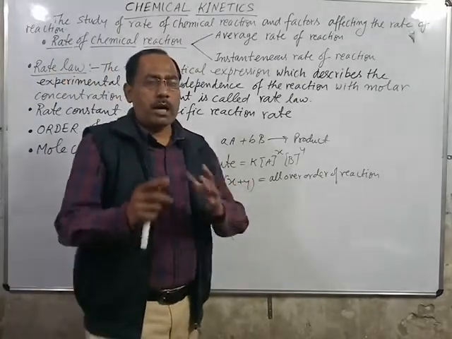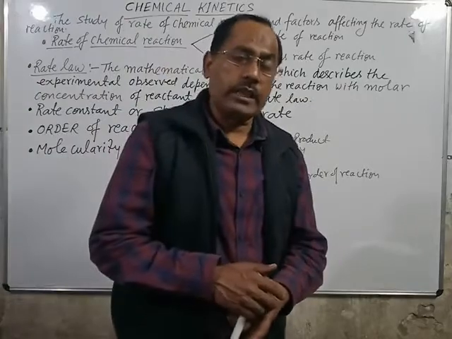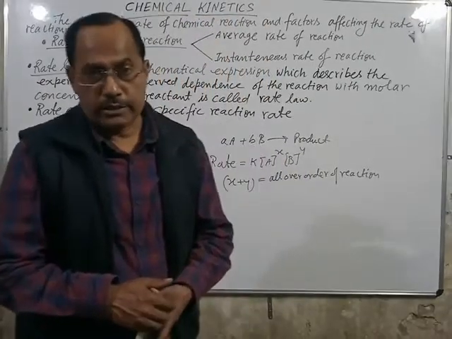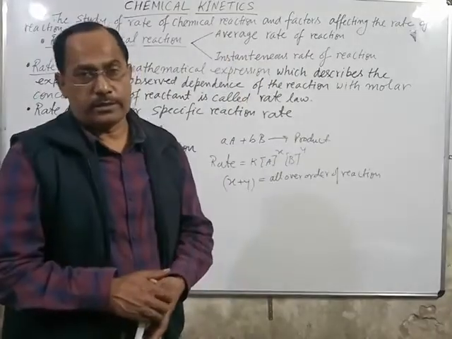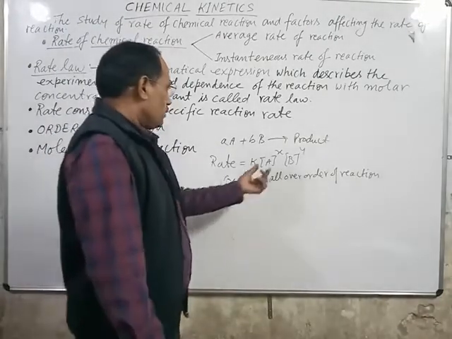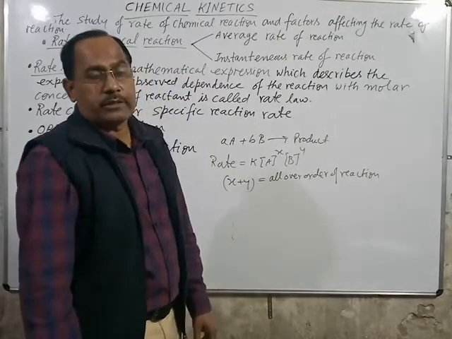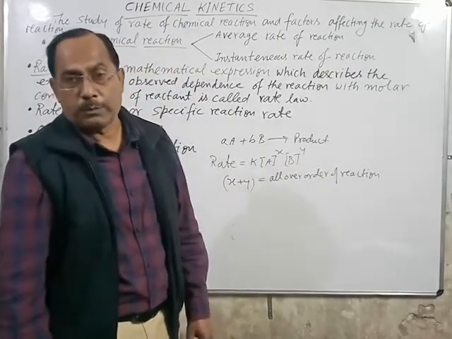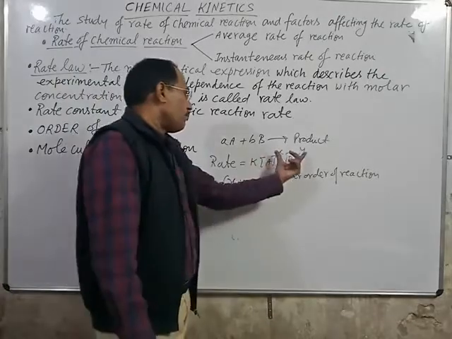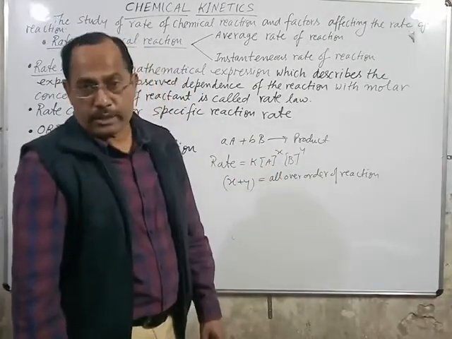So the order of reaction can be defined as the number of moles of those reactants whose concentration change as a result of chemical change. In the rate law, power of concentration terms express the order of reaction with respect to the particular species, and sum of all the powers represents overall order of reaction.